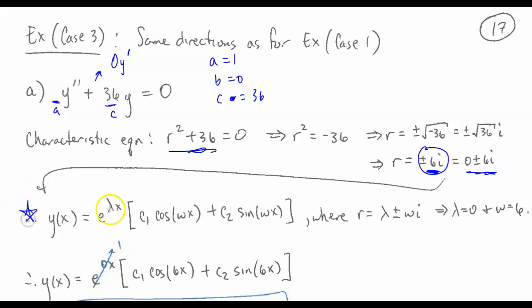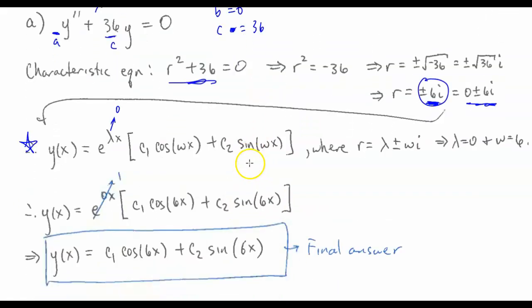So here's our general solution. Where I have lambda, I just need to put a 0. Where I have omega, I just need to put 6. So I plug in everything and I see that C1 cosine of 6x plus C2 sine of 6x is going to be my general solution.